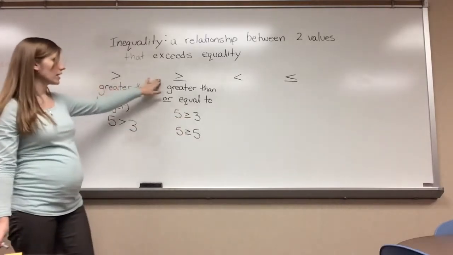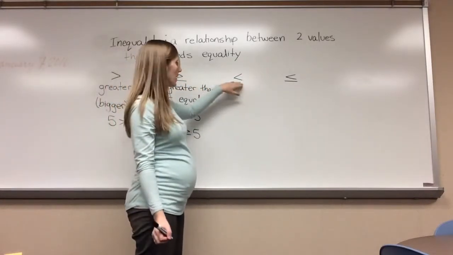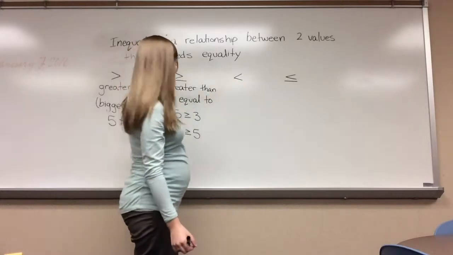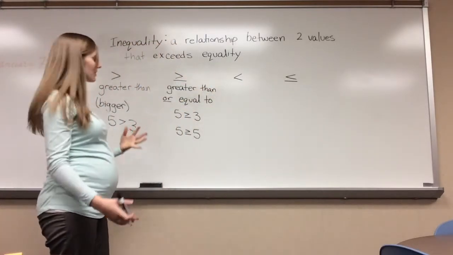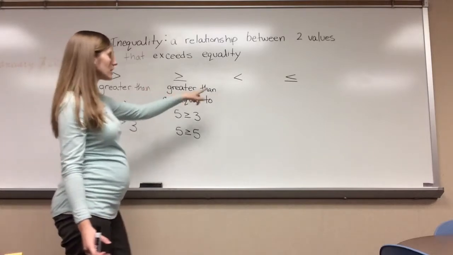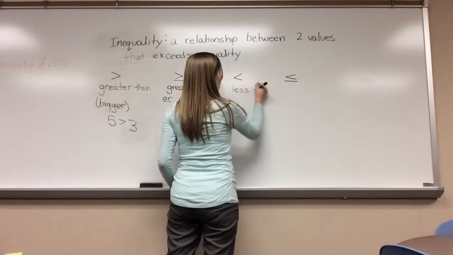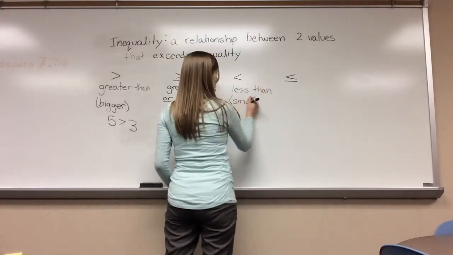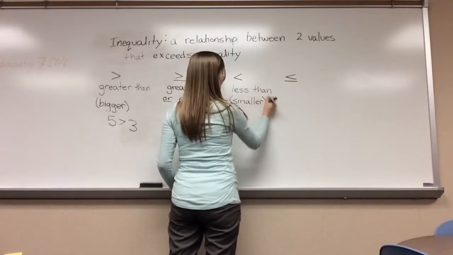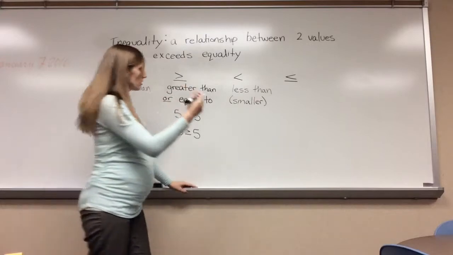So that's greater than. Now our opening is going off to the right side, so it's changed. If it's going the opposite direction, it would make sense if it meant the opposite, which it does. If this is greater than, this is less than, or another way to say that is smaller. So it's saying the amount on the left is smaller than the amount on the right.